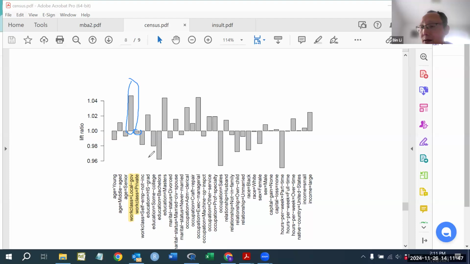It's not by random. One deviates over 4%, so the sample proportion is over 4% larger than the true proportion, while for the private class they are very close.